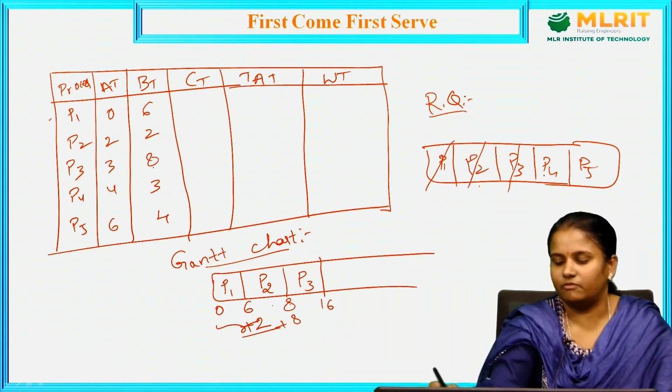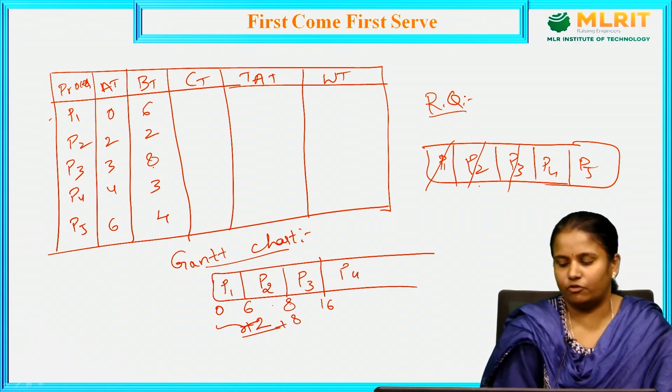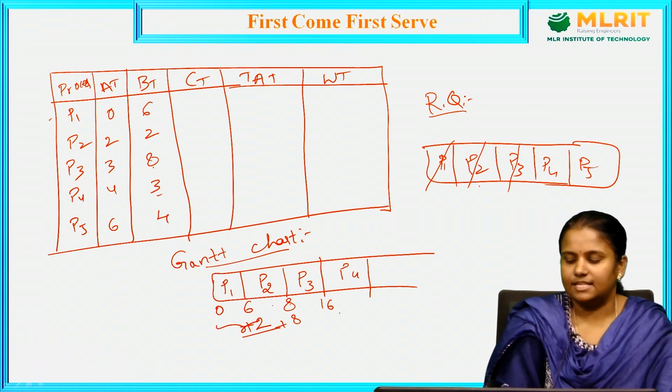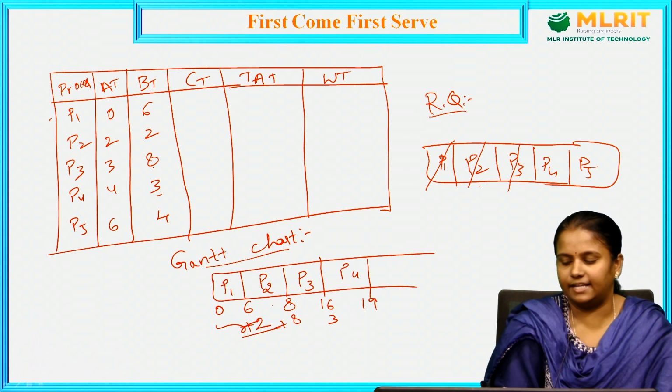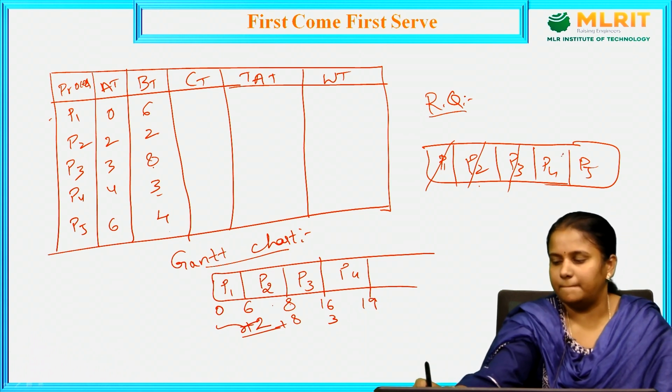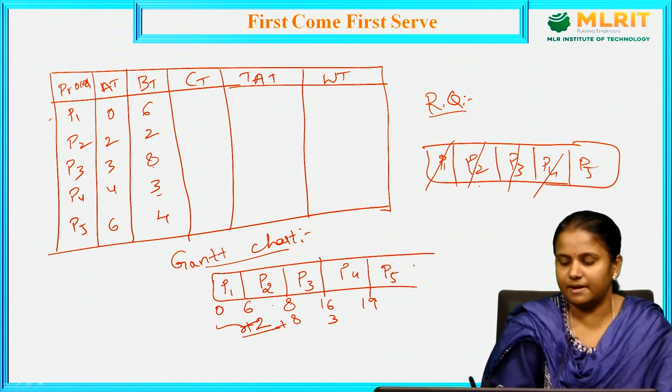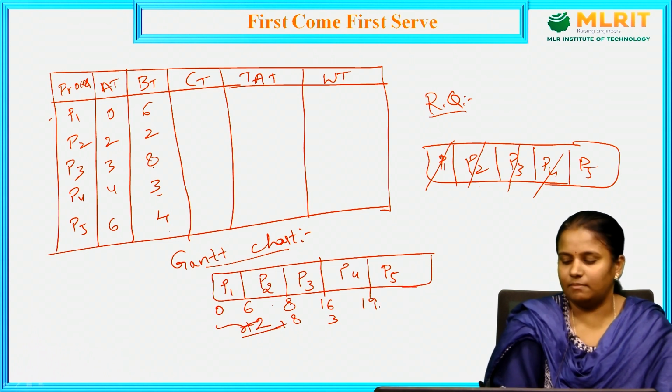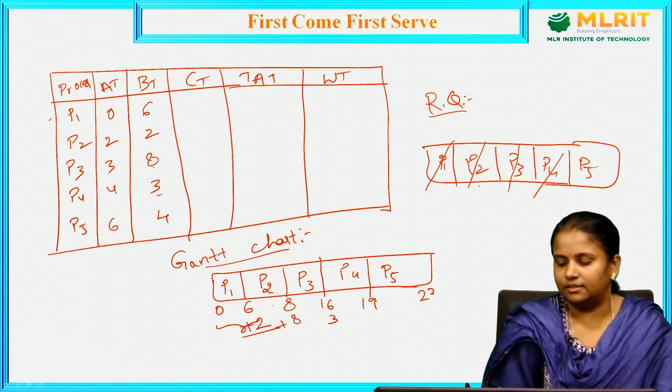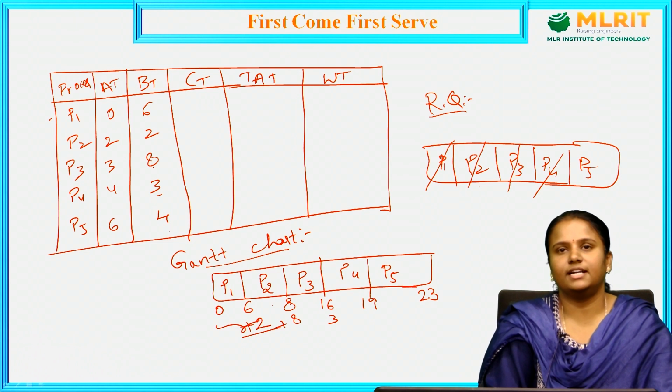Next P4, with burst time 3: 16 plus 3 is 19. Next P5, with burst time 4: 19 plus 4 is 23. So this is our Gantt chart.